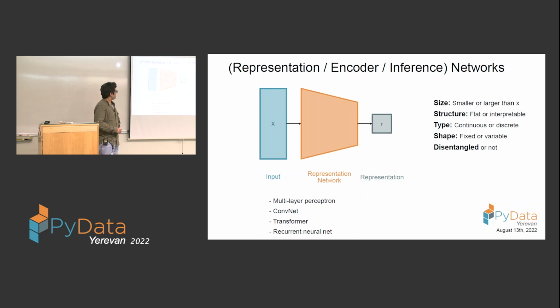Or it can be continuous or discrete, or it could be fixed or variable, or disentangled, which we'll see in the next model. And these encoder networks have different types: multi-layer perceptron, convolutional, transformer, recurrent neural network. Whatever you call it, it just gets the inputs and makes the representation.